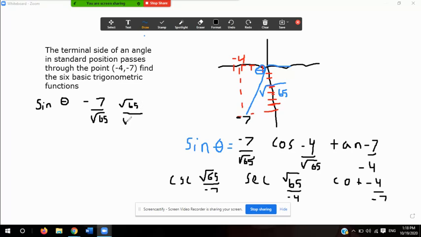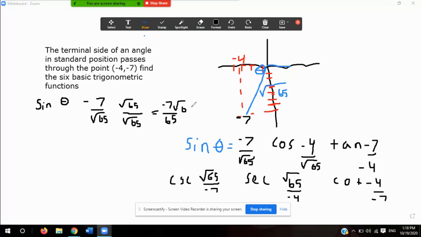If you multiply the square root of 65 by the square root of 65, you're going to get a number whose square root is 65. And because I don't know the exact value of the square root of 65, I leave my numerator expressed as -7 times the square root of 65.